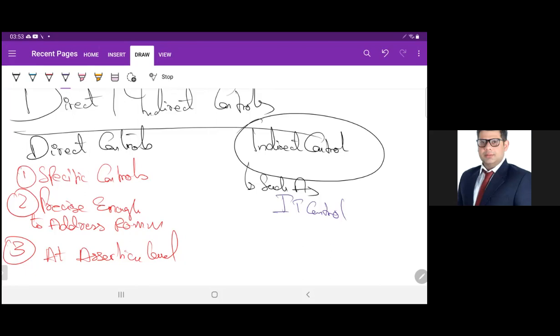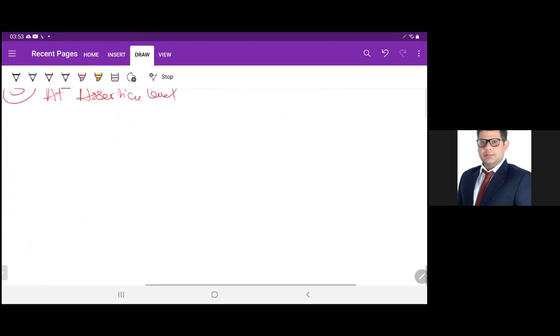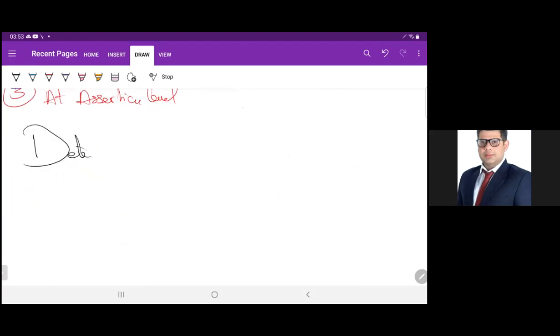Okay. Finally, we have detection risk over here. I'm writing about the detection risk here instead of writing it above. What is it?